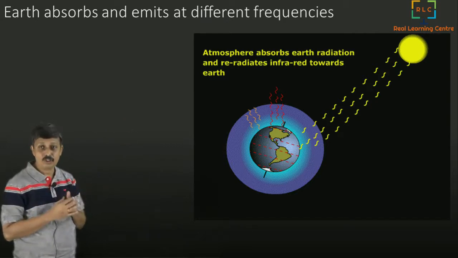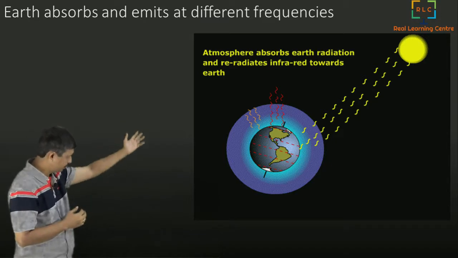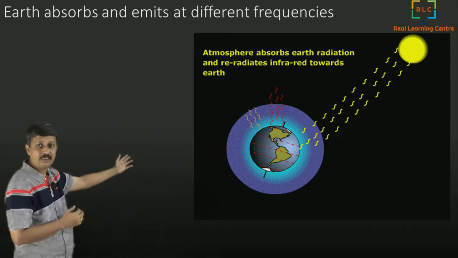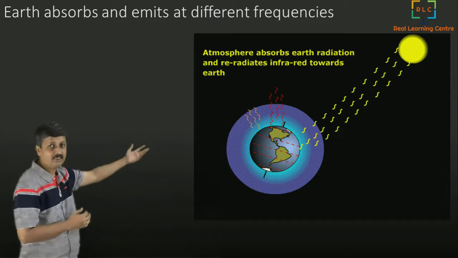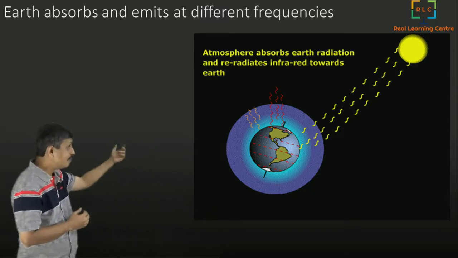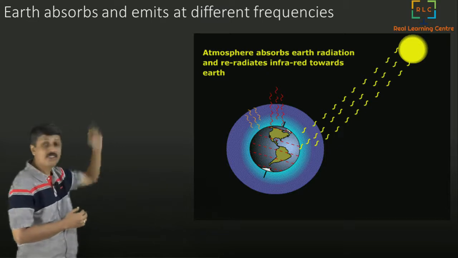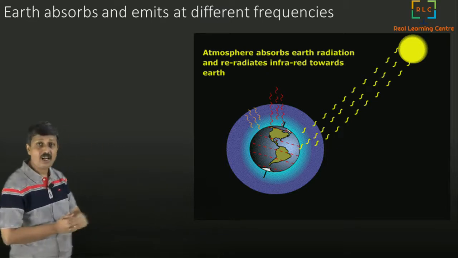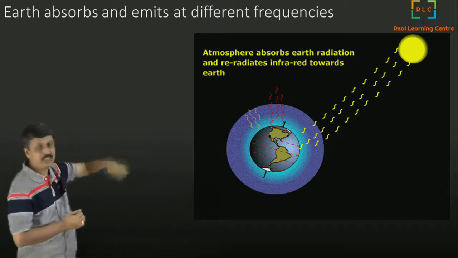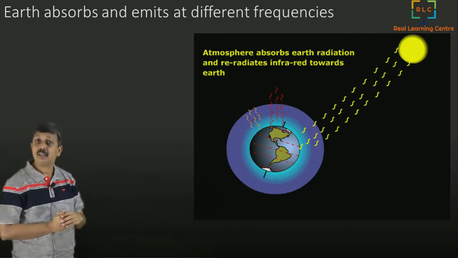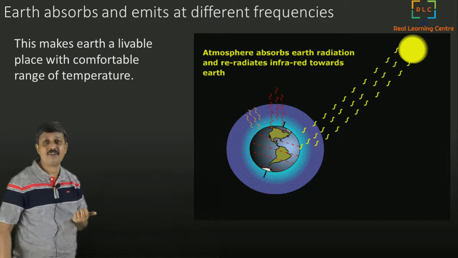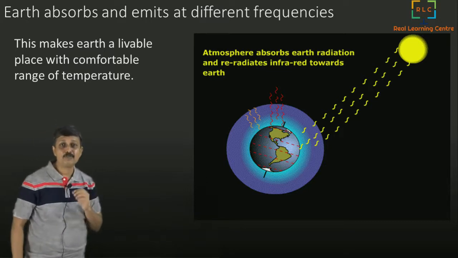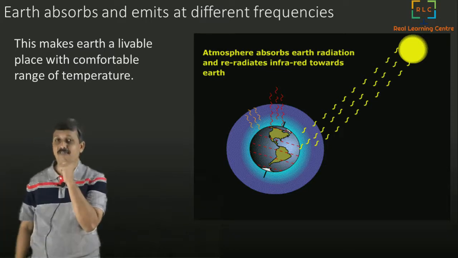So the sun sends certain radiations, a part of it earth absorbs, part of it reflects, and then what happens? After some time, the absorbed radiation is given out at various different frequencies, and those frequencies cannot escape; they again get absorbed by the atmosphere. The atmosphere becomes slightly warmer because of that. This makes earth a livable place.